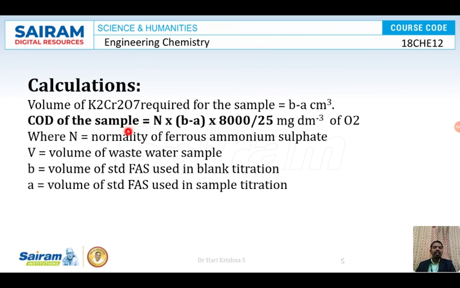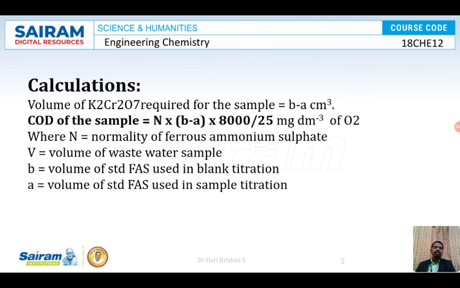So the COD of the sample is given by N into (B minus A) into 8000 divided by 25, where N is the normality, B is the blank titer value, and A is the sample titer value. 8 is the equivalent weight of oxygen and 1000 is because we calculate COD for 1 liter of wastewater, so it is 8 into 1000, and 25 is the volume of wastewater. We're taking 25 ml.